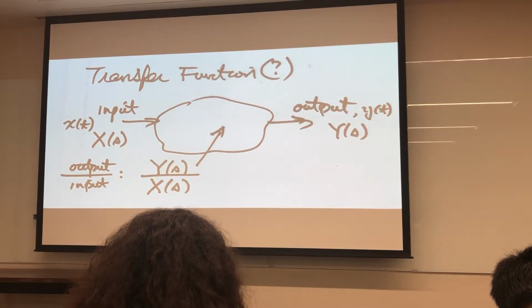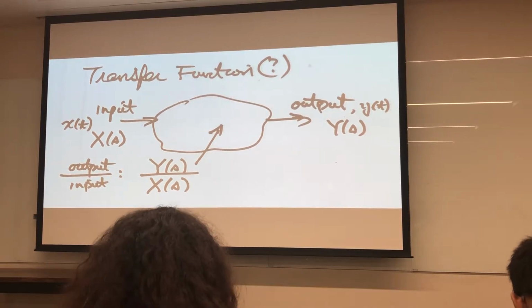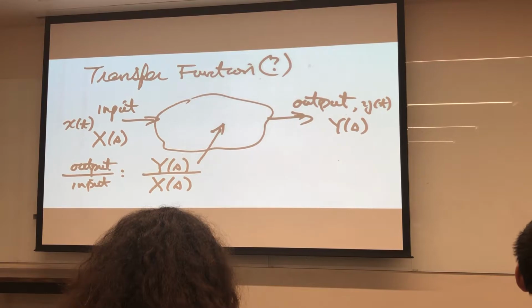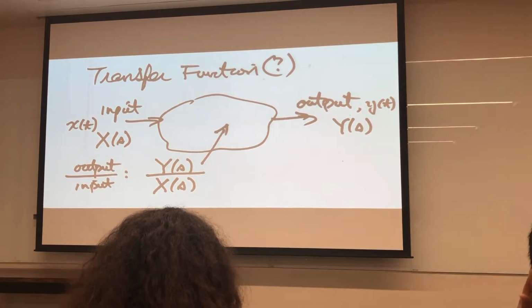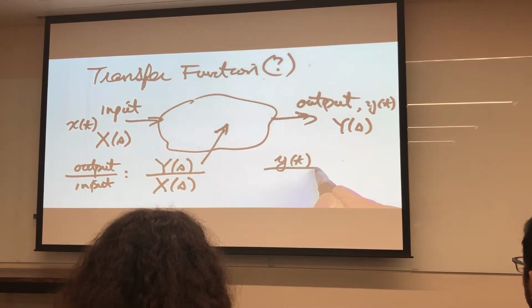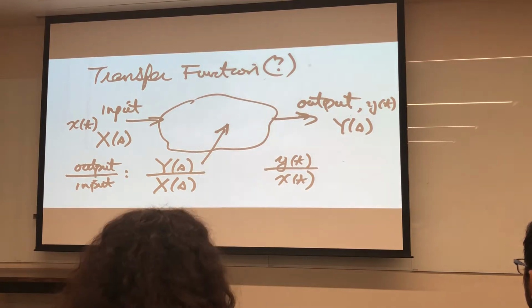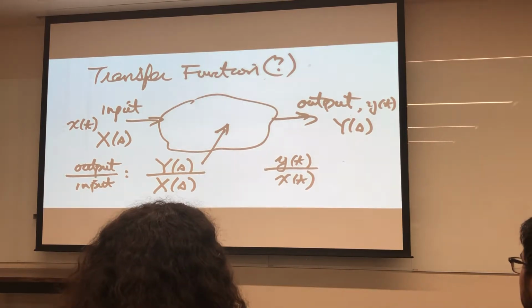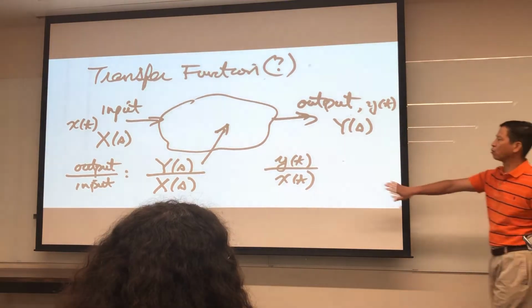Now, a very common thing to do while we're still getting used to this idea of Laplace transforms is we get the idea, well, it's just a ratio of output over input. And so we're tempted to say it's y of t over x of t. We're tempted to write this. But this is not a transfer function.